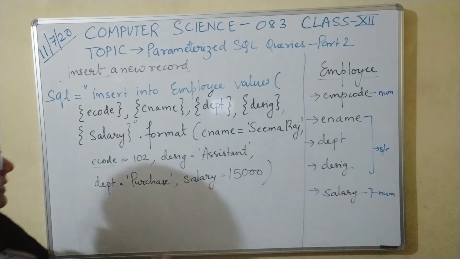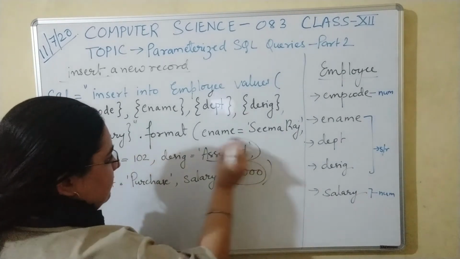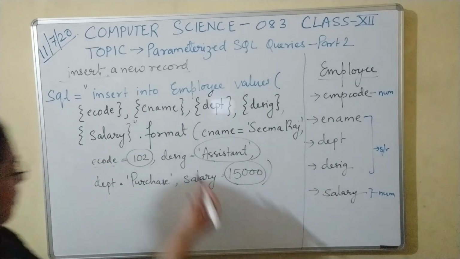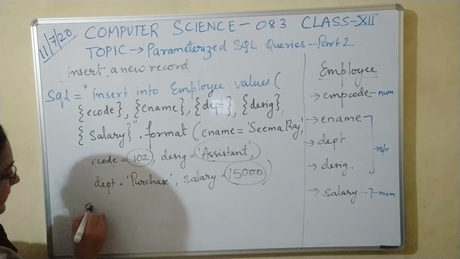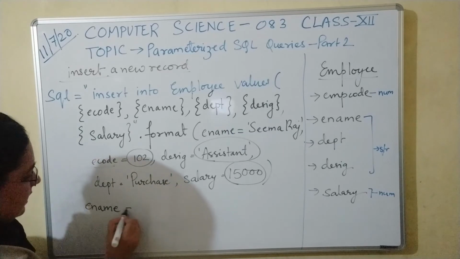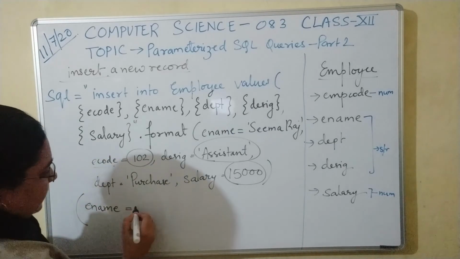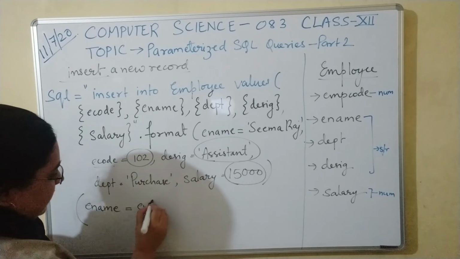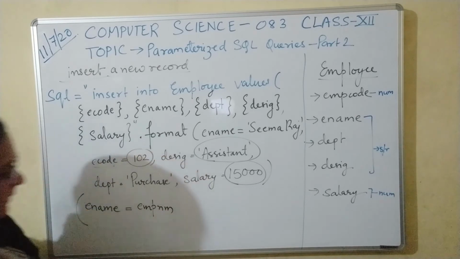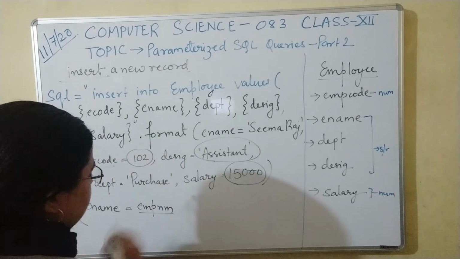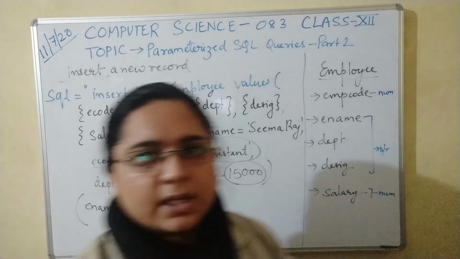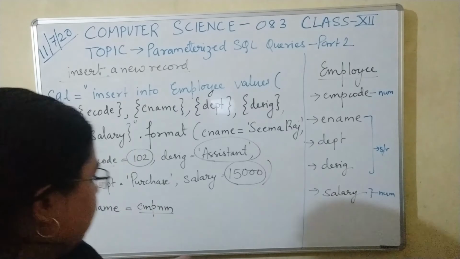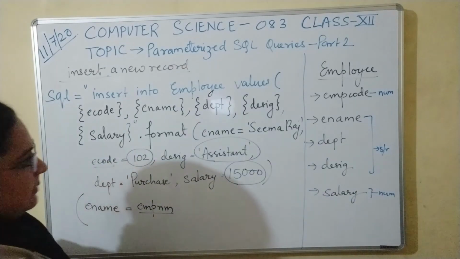Now in place of these individual values, you can replace these values by Python variables also. That is, you can write it like this: ename equals, suppose you have saved the name of the employee within a variable named empnm, and this you have already asked from the user, empnm equals input, enter the name.